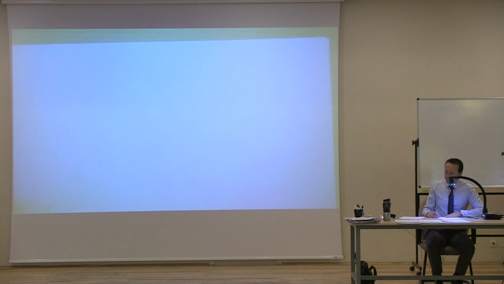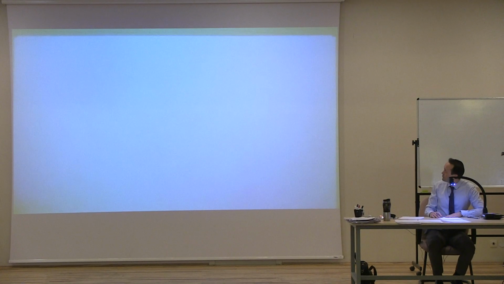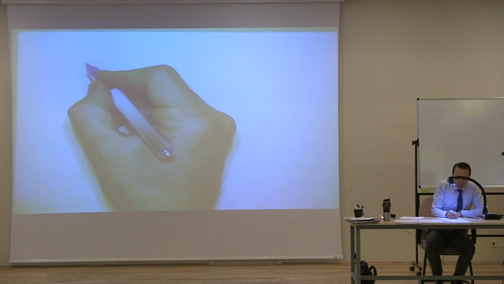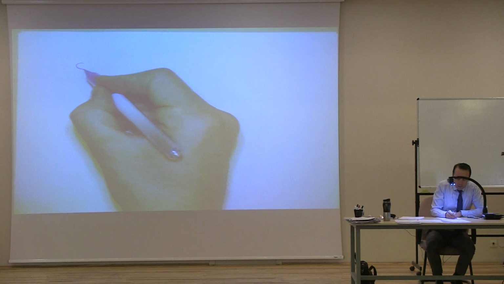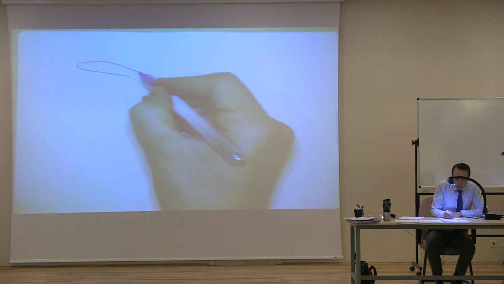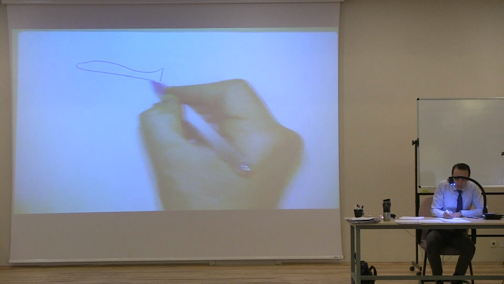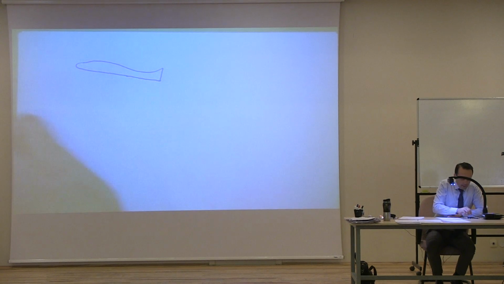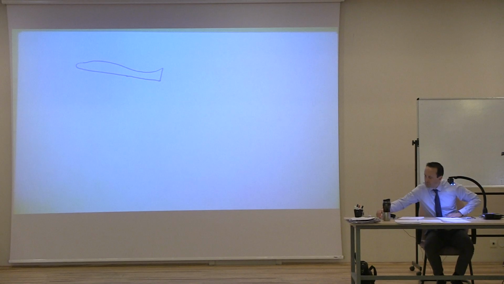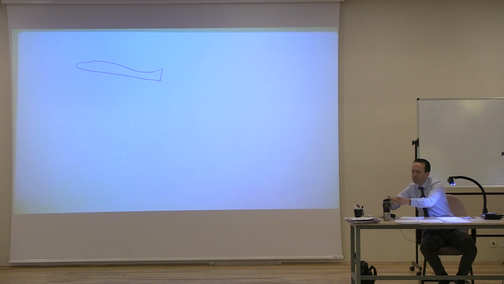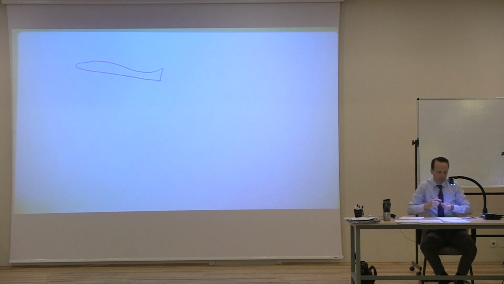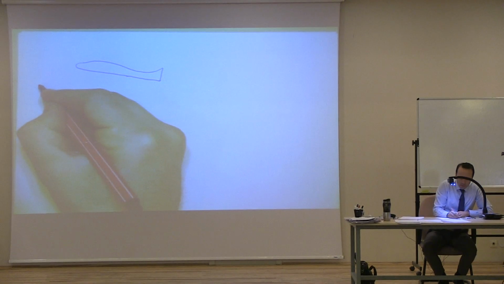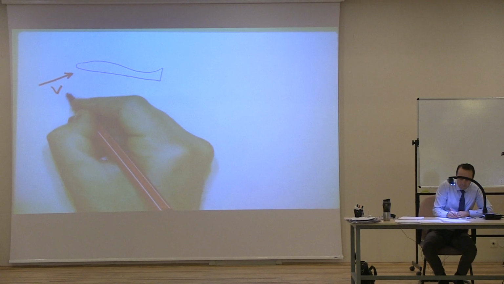Let's think of an airplane that has the following situation here. This is the airplane. I'm going to make it a little exaggerated so that we can see it a little better. And let's say this is V infinity. Make it with a big marker. Let's say this is V infinity.